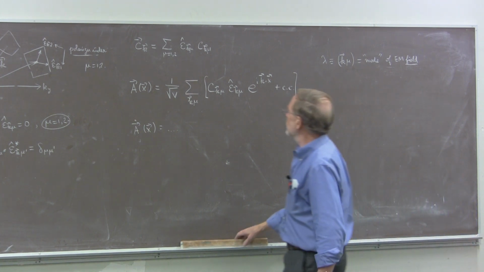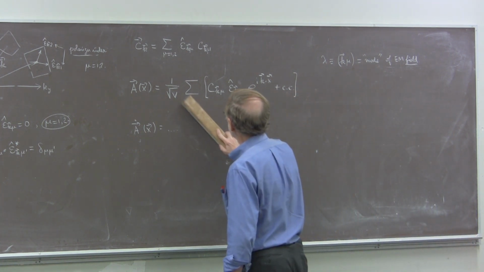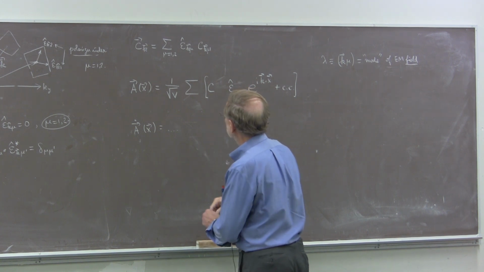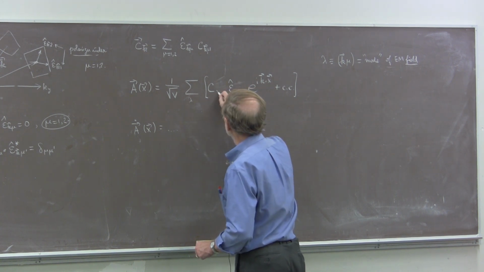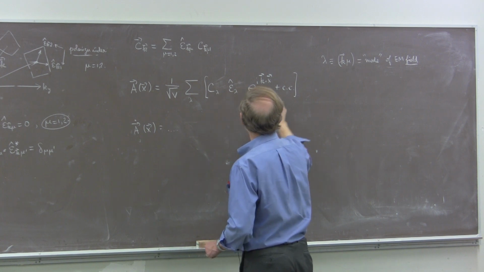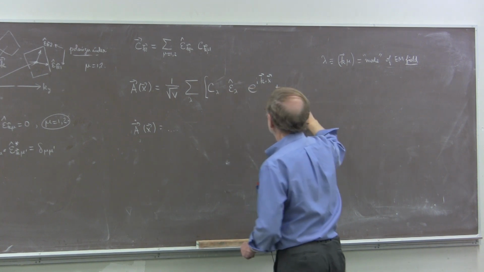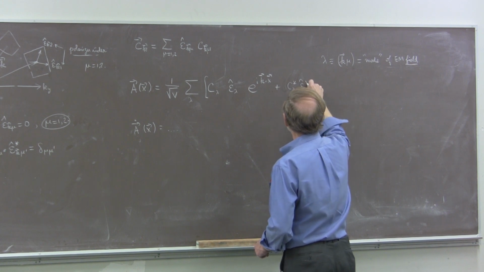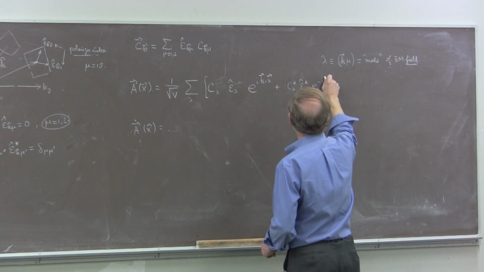And if you allow me to use my eraser, I'm going to change this sum here to replace the k mu with a lambda. So we sum on modes lambda, c lambda, epsilon lambda, e to the i k dot x. I'm going to fill in the complex conjugate explicitly: c lambda star, epsilon lambda star, e to the minus i k dot x.